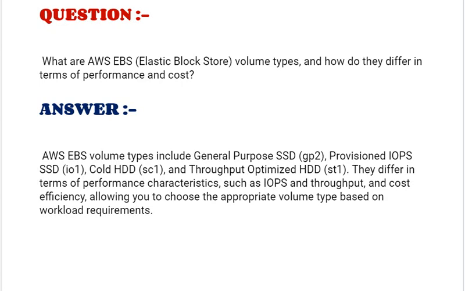Our next interview question is: what are AWS EBS (Elastic Block Store) volume types, and how do they differ in terms of performance and cost? Your answer should be: AWS EBS volume types include general purpose SSD (GP2), provisioned IOPS SSD (IO1), cold HDD (SC1), and throughput optimized HDD (ST1).